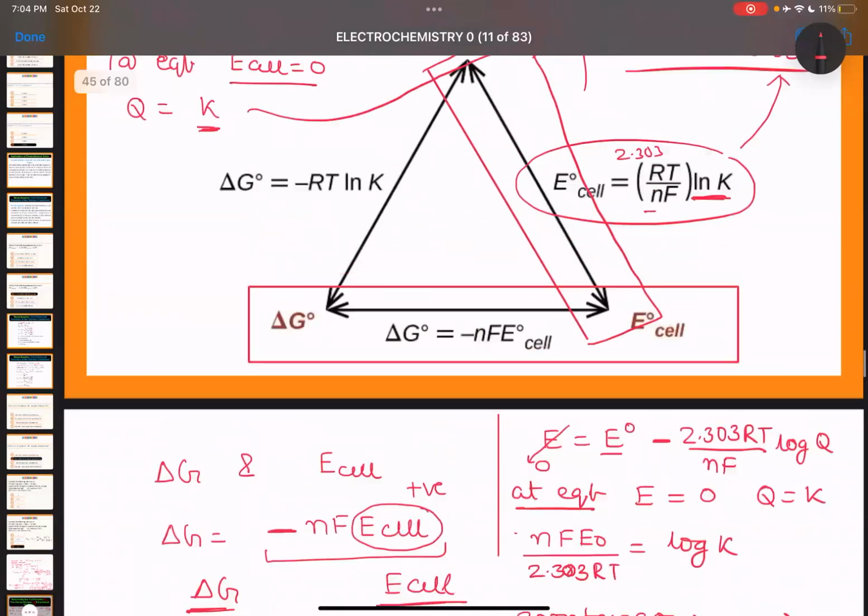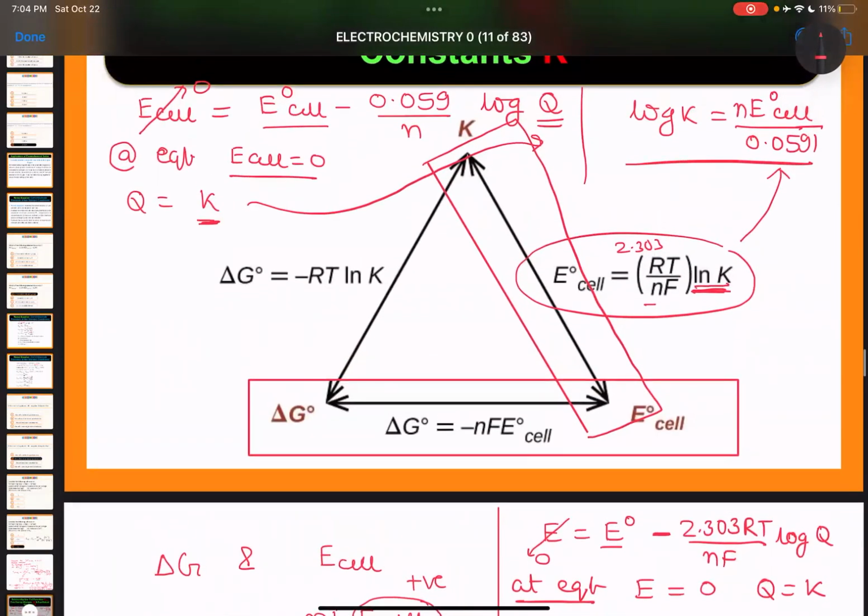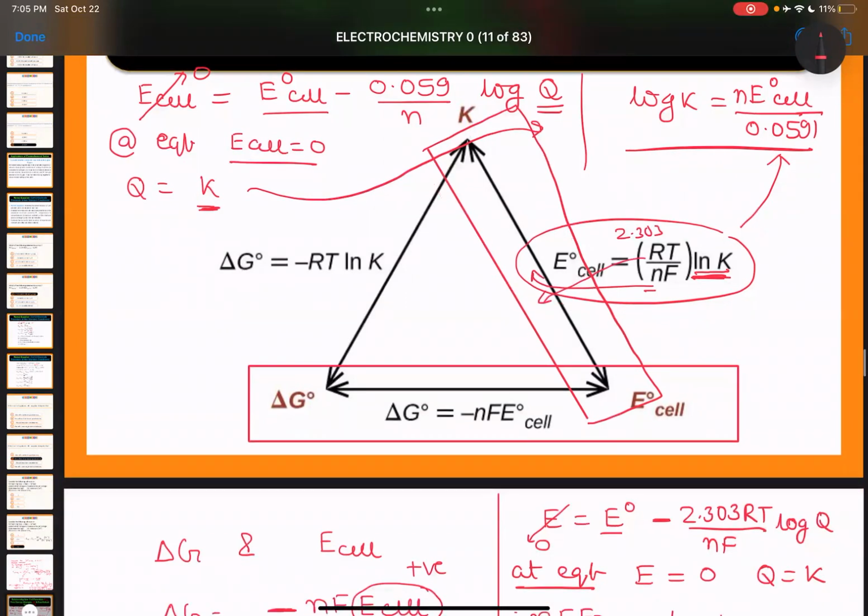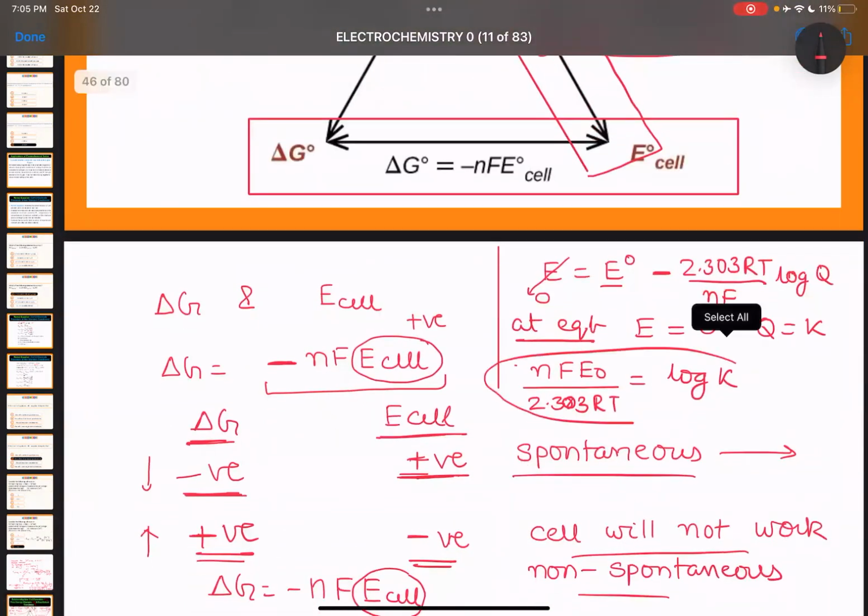You can calculate the log, or ln. Ln means log to the base e. Log means log to the base 10. So you can use any one of them. Okay, clear? So log K equal to nF E naught by 2.303 RT. You can write this formula.